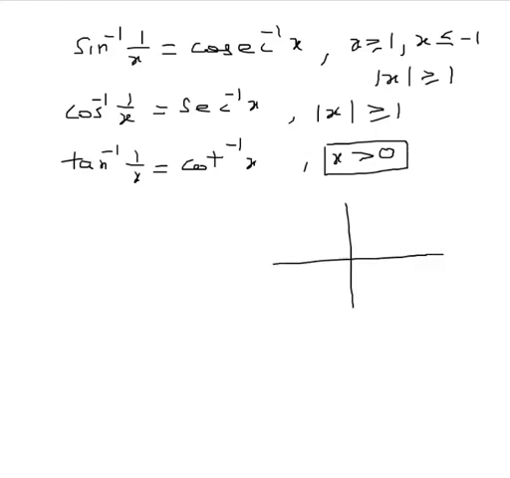This is because the principal value branch for tan inverse function is the open interval minus pi by 2 to plus pi by 2, and for cot inverse, the principal value branch is the open interval 0 to pi. And the common region is the first quadrant. So only when x is positive can we write tan inverse of 1 by x as cot inverse of x.